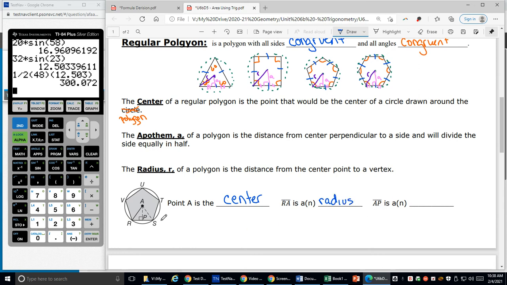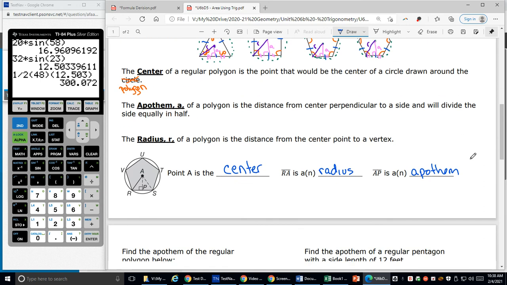And segment AP is the apothem of that figure. So you need to make sure that you can identify the center, the apothem, and the radius. And for my apothem, we'll always label that with a little lowercase a. I know we've already got altitudes and adjacent sides, but little lowercase a for apothem, and my radius will always be a little lowercase r.